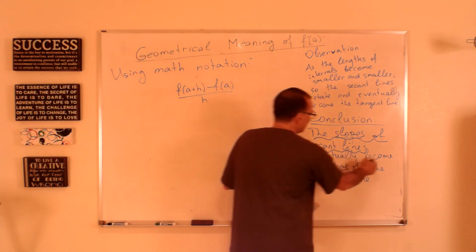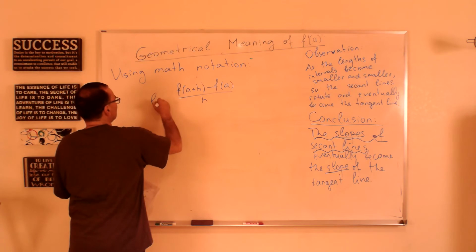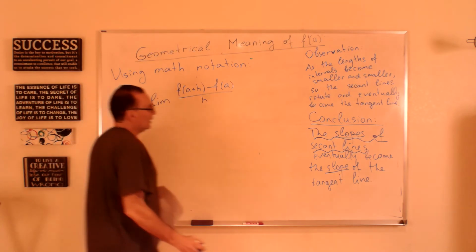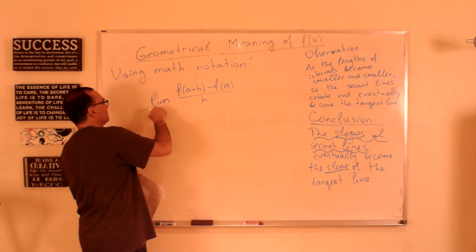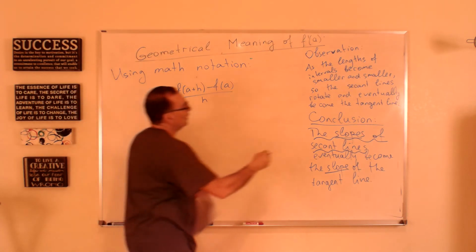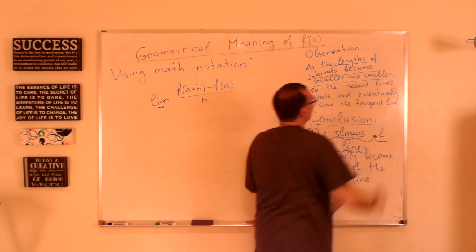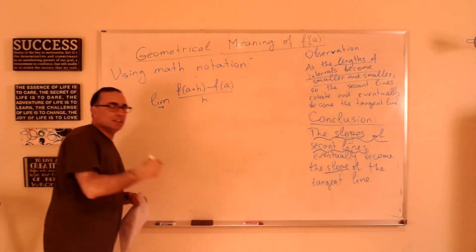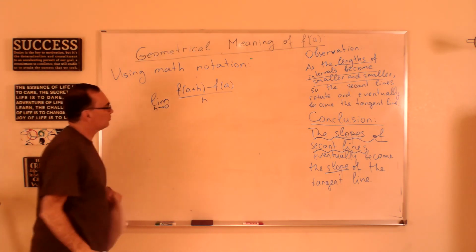Now, eventually become, we're talking about the limit. So there is a limit in front of that. And exactly what limit? When we set up a limit, we have to say something approaches something. And now it says lengths of intervals become smaller and smaller. Using proper notation, it means that h, which is the length of the interval, approaches 0.